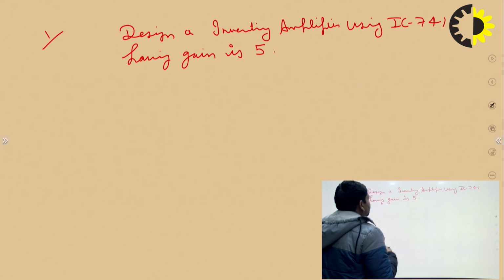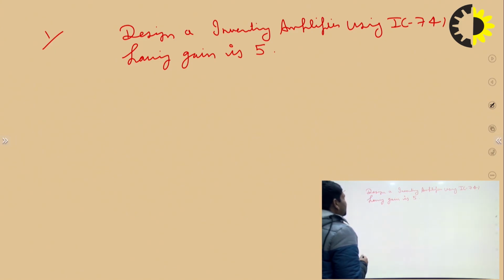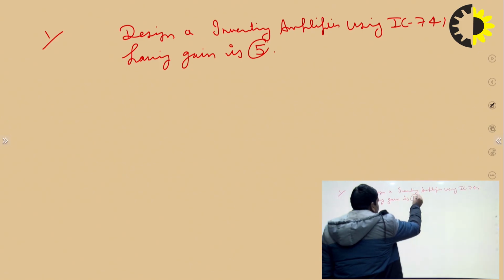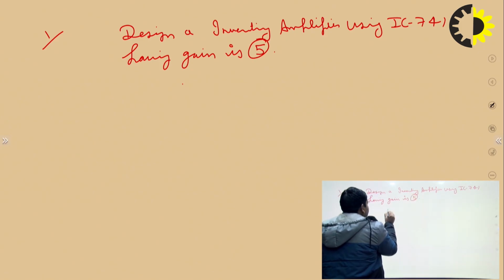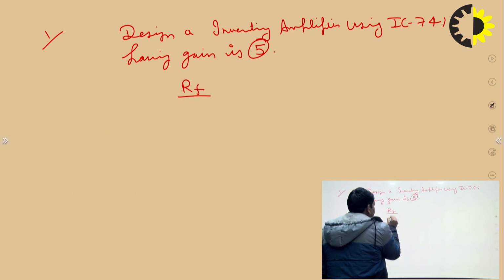In that IC, we have to design an inverting amplifier having a gain of 5. We know what the meaning of gain is. Gain in the inverting amplifier is the feedback resistance upon the input resistance. That is the gain.